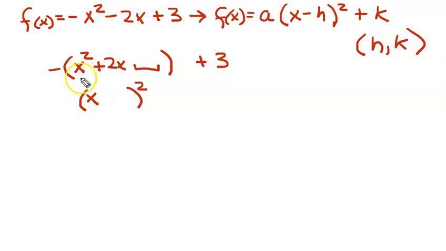Our b term was taking this, multiplying it by this, and then doubling it to get our b value here. But right now it's a 2. If it was doubled, what was it originally? But it was a 1.